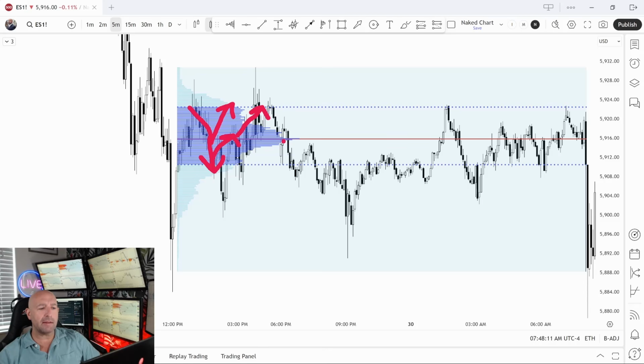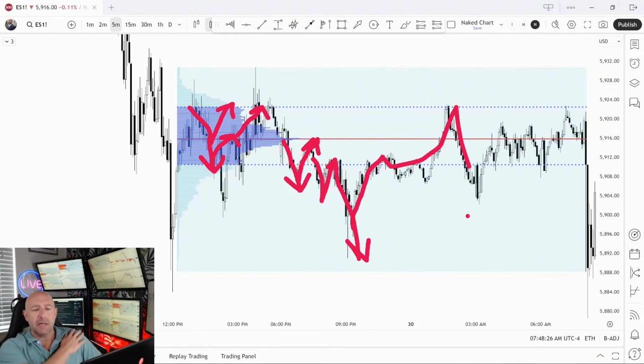If we break out of the lower value, we can expect to continue downward. Sometimes it rejects back to point of control. Rejects, back tests, further price discovery. Rejects back into value. These principles play out over and over again, not just on the intraday, but on higher time frames.